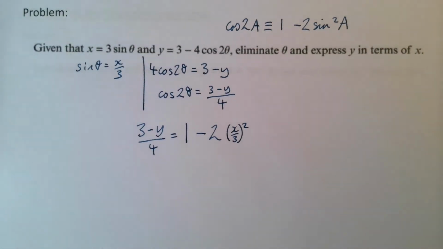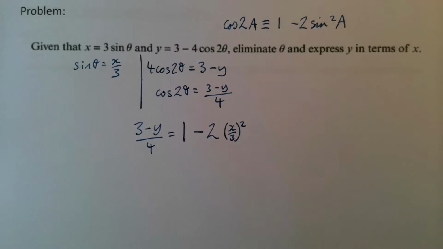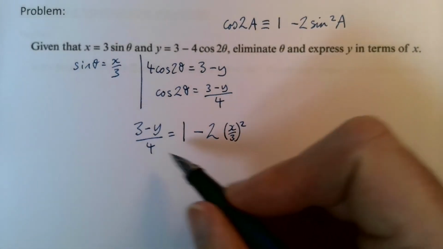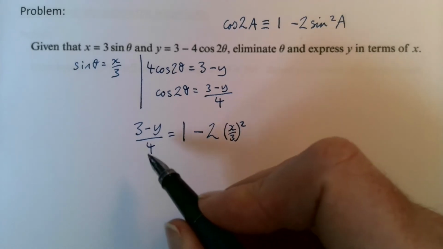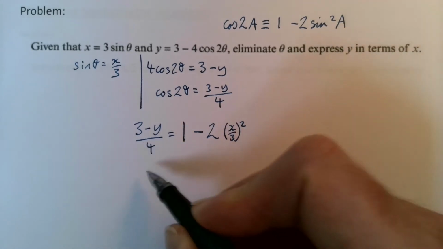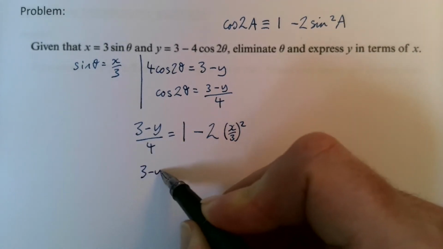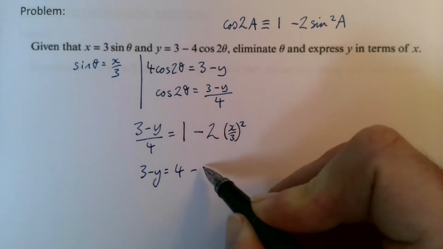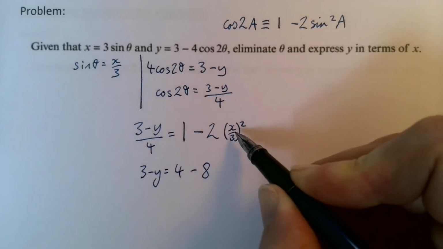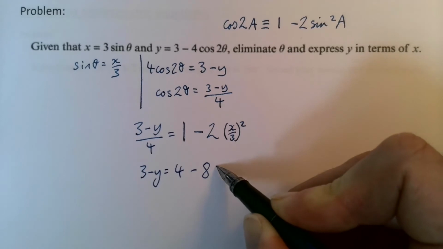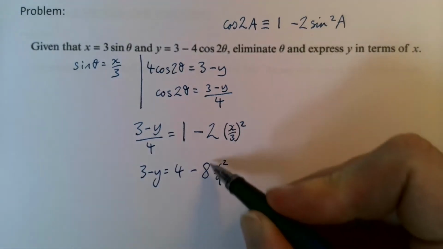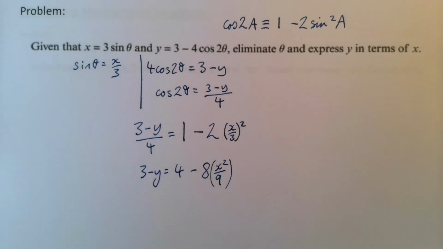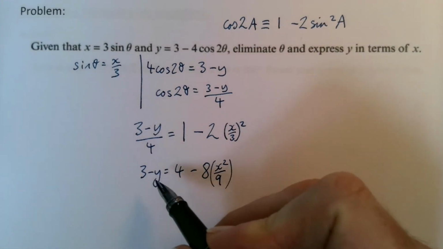All I need to do is put y in terms of x, which means make y the subject of the formula. So if we multiply everything by 4, we get 3 take y equals 4 take 8 times x squared over 9. And we've got minus y, haven't we?